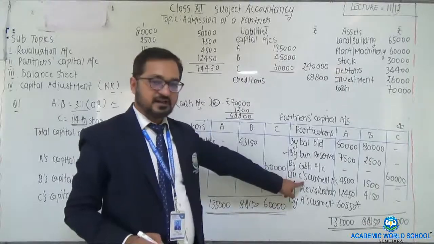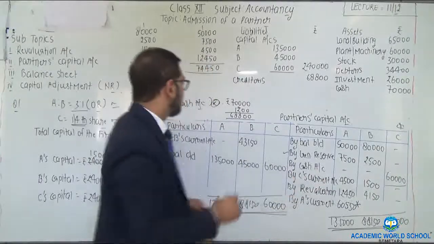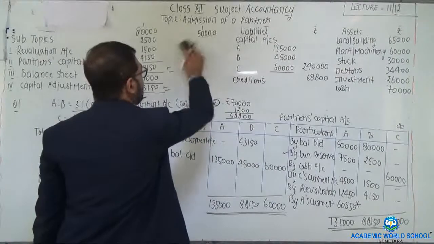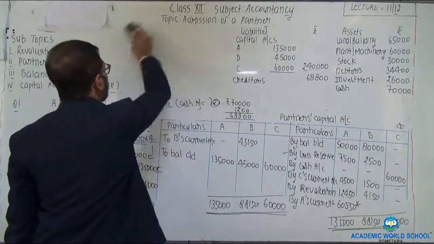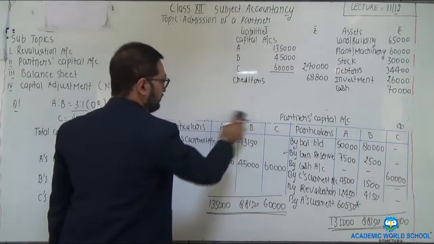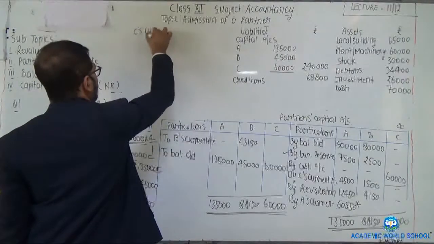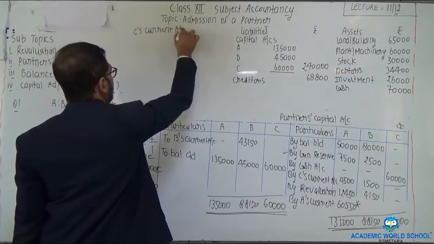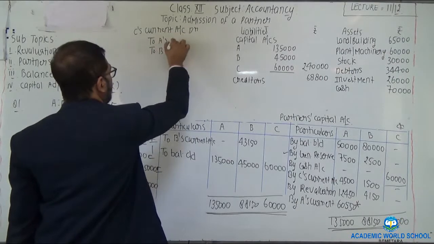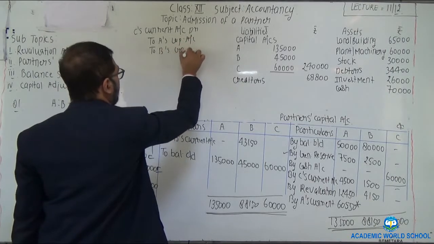When we are posting this entry into the ledger account, the journal entry was C's current account debit to A's capital account and B's capital account.